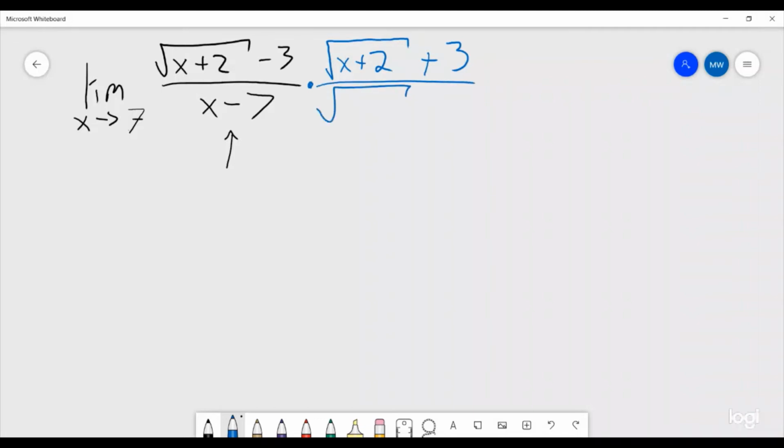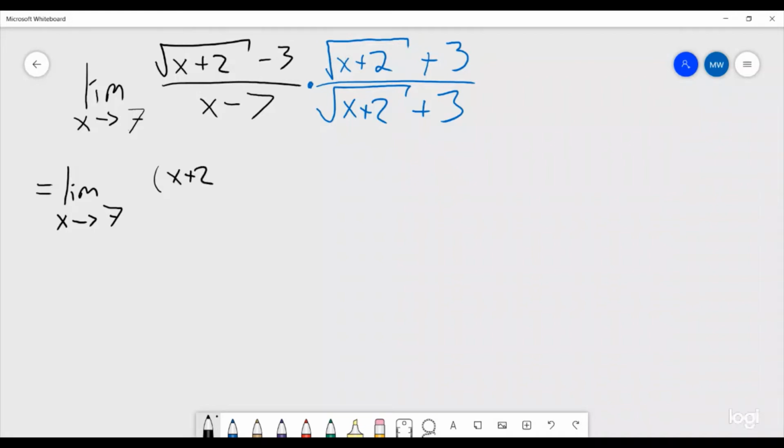So we're going to multiply that by the top and bottom. Why are we doing this? Well, if we expand out the top, you're going to see why that works out so nicely. It turns out that when we do that, it's going to simplify the top to get rid of the square roots from the top.